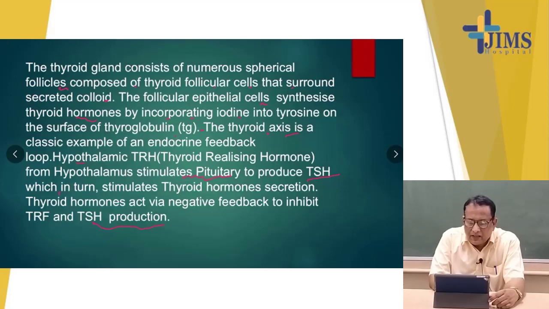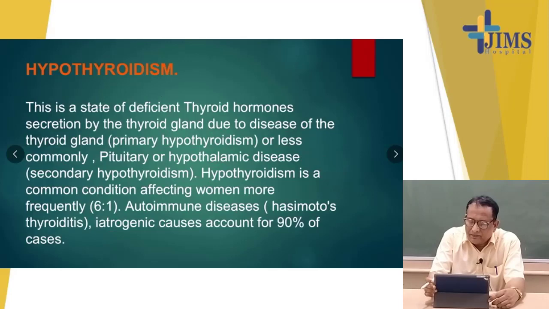Hypothalamic TRH stimulates the pituitary to produce thyroid stimulating hormone, TSH, which in turn stimulates thyroid hormone secretion from the thyroid gland. Thyroid hormones act via negative feedback to inhibit TRH and TSH production, as I have mentioned earlier.